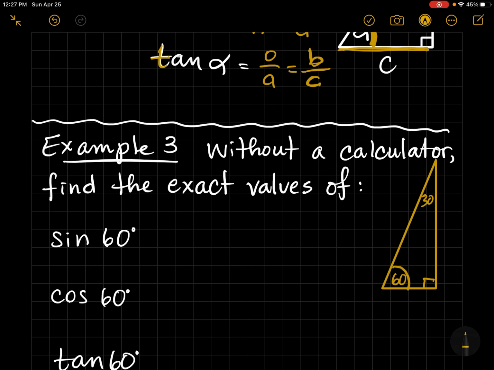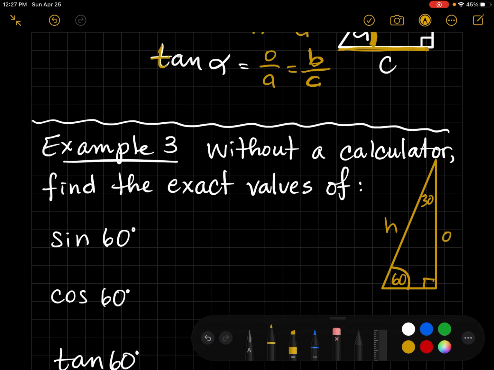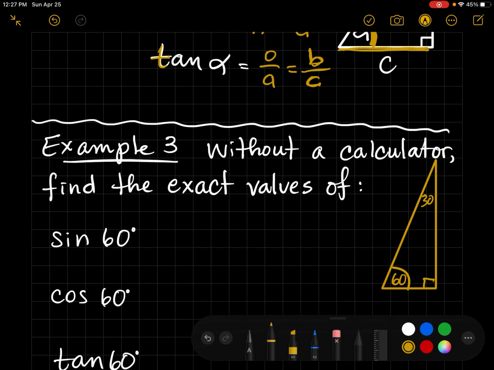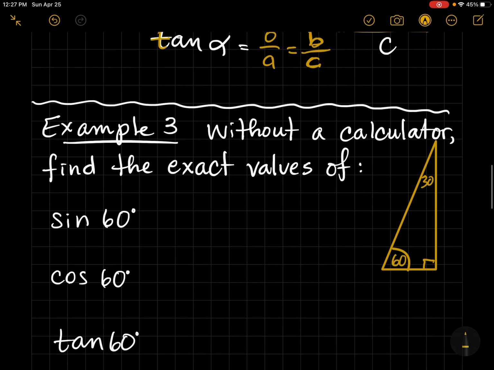Now I can simply go to this 60-degree angle and do opposite over hypotenuse. But there's no numbers, there's no letters. However, we do know the relationships of these sides. And in our last lesson, we did learn some 30, 60, 90 triangles. So here's one thing I can do: what if this side were 5?